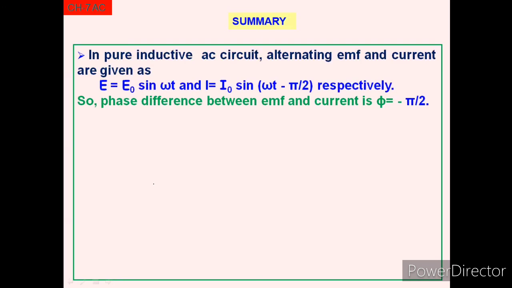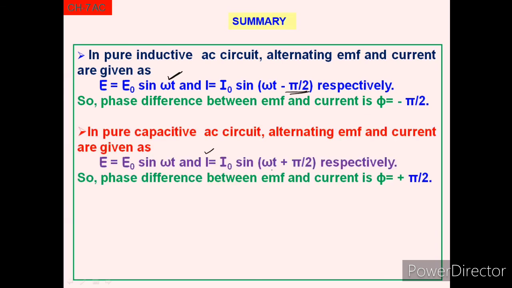Okay, then at last let's revise what we read today. We first saw that in a pure inductive circuit, alternating EMF and current can be given as E is equal to E naught sin omega t, and the current will lag behind the alternating EMF by a phase of minus pi by 2, whereas in the case of a capacitive circuit, the current leads the voltage by a phase of pi by 2.